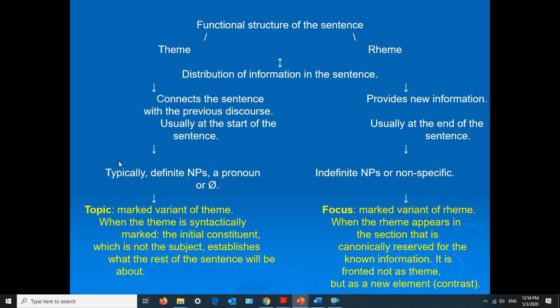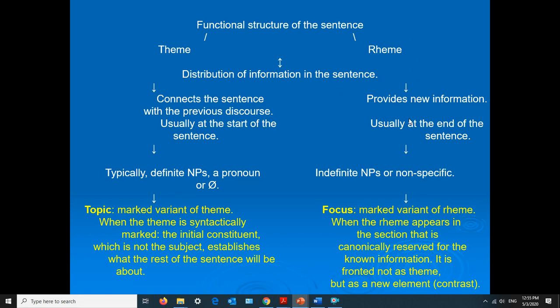Typically, right, since the theme is about previous, known information, what we have is definite noun phrases, pronouns, or null subjects, null understood to be retrievable from the verbal inflections and not present canonically by means of a nominal at the beginning of a sentence.